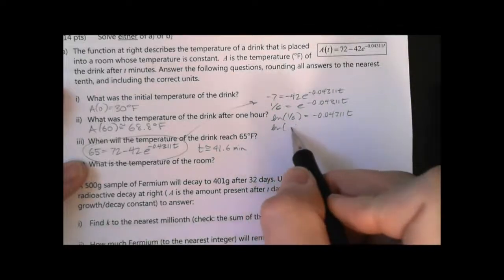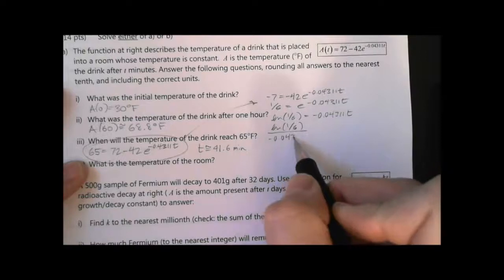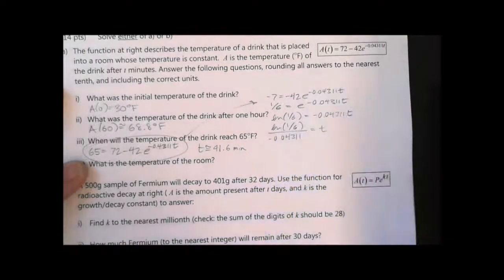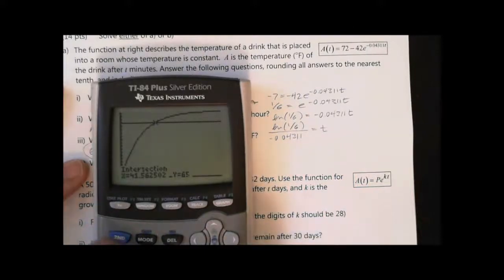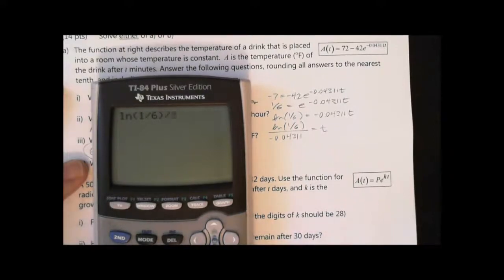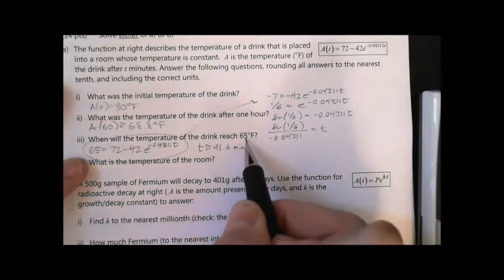And then divide both sides by the coefficient of t. And we can check that this number should be the same. So we have the natural log of 1 divided by 6, divided by minus 0.04311, which is 41.6 to the nearest tenth. So we get the same answer.